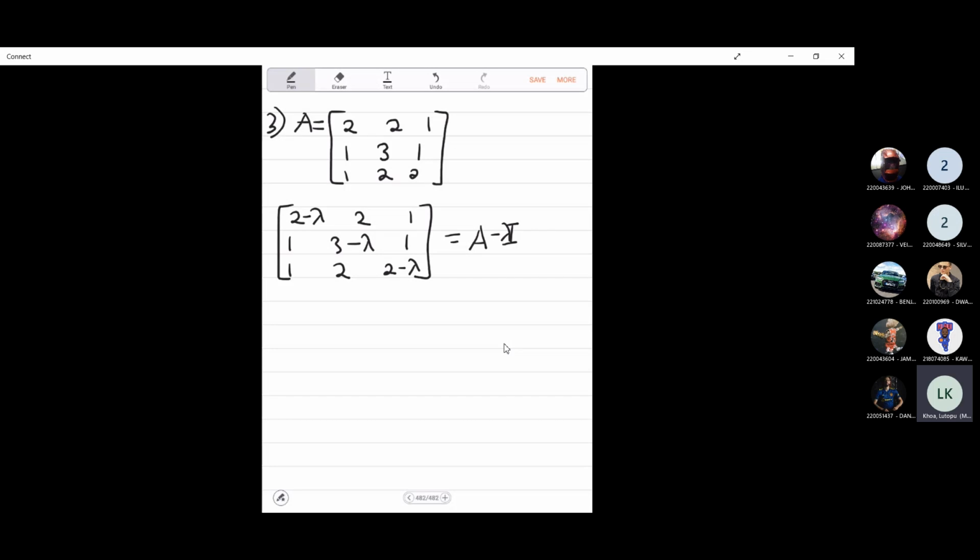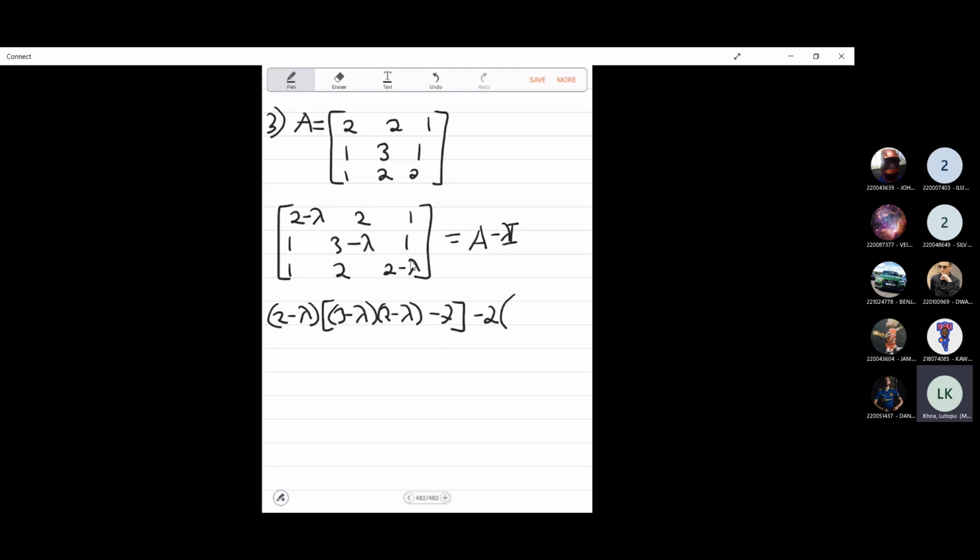So we have 2 minus lambda multiplied by 3 minus lambda, 2 minus lambda, minus 2. Okay, so remove this one and that one, then the determinant of this matrix here. Then the next one, this 2 here is negative because the signs are plus, minus, and so on. So we have minus 2. Remove this row and that column.